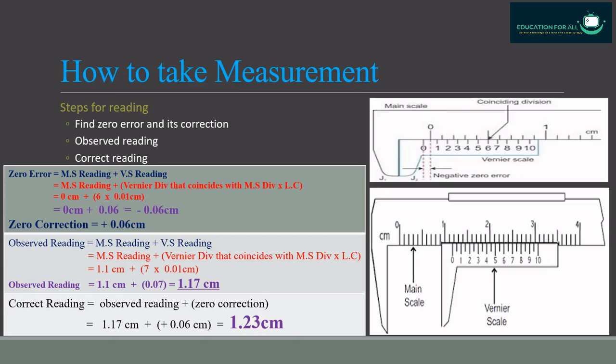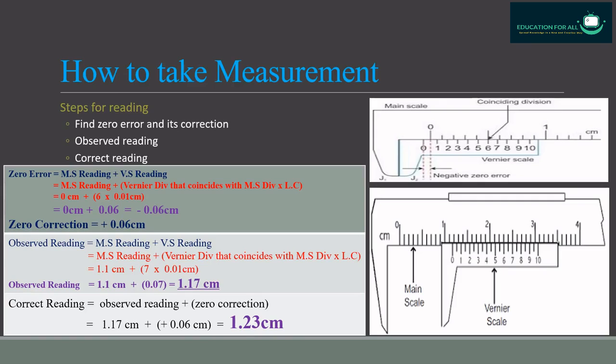Whenever you want to take measurement from vernier caliper, first of all you have to find whether the instrument is having any zero error or not. How will you find it?